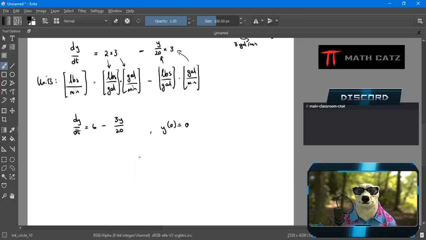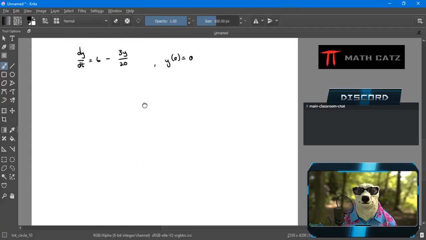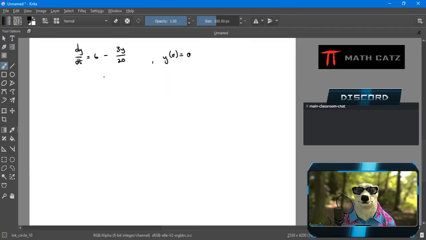Now this one, I guess you could argue, is a little bit more complicated in that I need to put these terms together because when I separate the variables, it can only be done with multiplication and division. So I can't just move the 3y over 20 to the other side. That's not how it's done. It doesn't work.